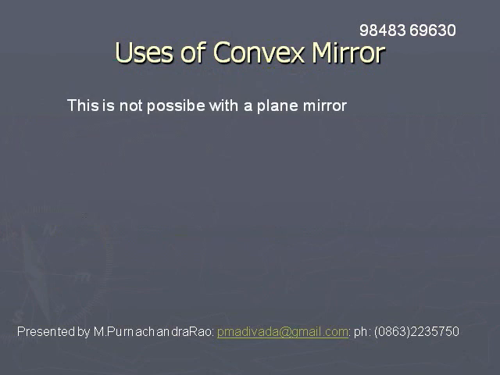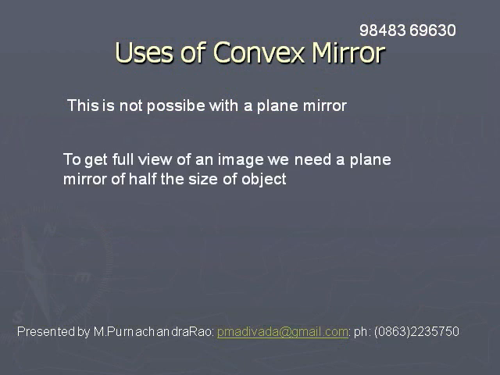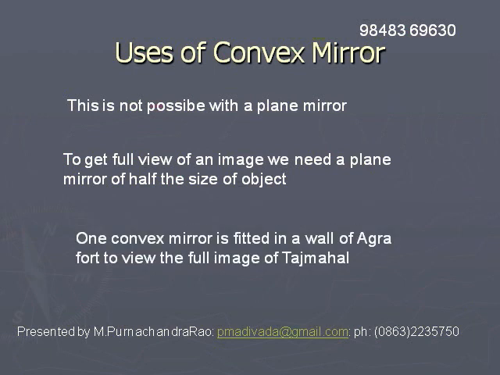To observe an object of some size with a plane mirror, we should take a mirror of half of its size. So a plane mirror can be used to view the full length image of an object, provided its length is half of that of the object. So it is not possible with plane mirrors in all cases.